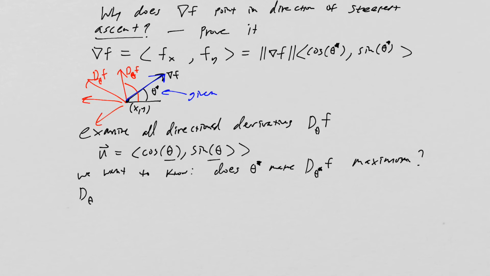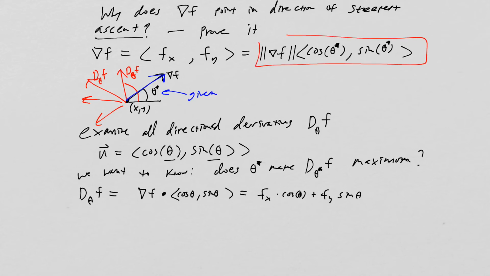We know that the directional derivative D_theta f is going to be equal to grad f dotted with the vector cosine theta, sine theta. So that's going to be fx dotted with cosine theta plus fy sine theta. But we already have a definition for what the gradient vector is. We can write this as follows.